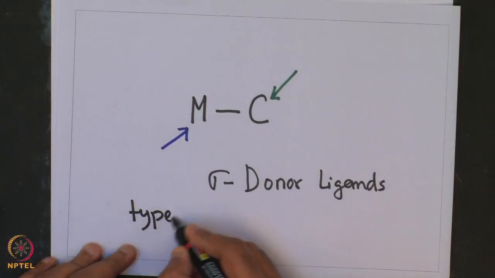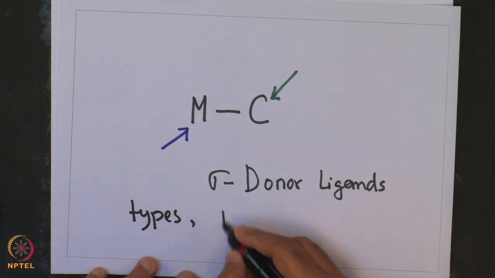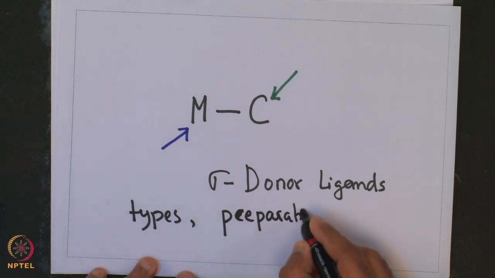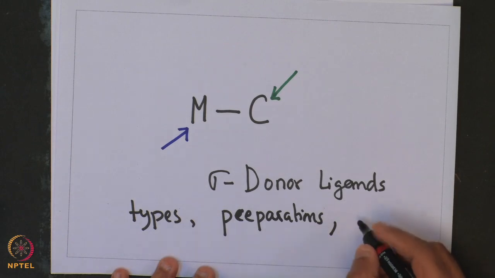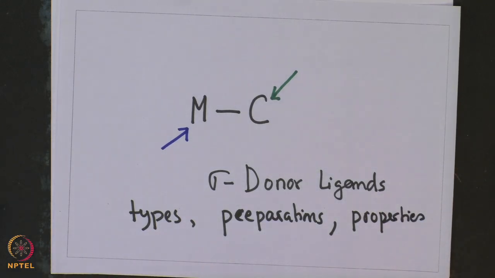The focus in this lecture would be on the various types of sigma donor ligands, how they are prepared, the preparation of organometallic compounds having sigma donor ligands, and then the properties of sigma donor ligands and transition metal complexes of sigma donor ligands.